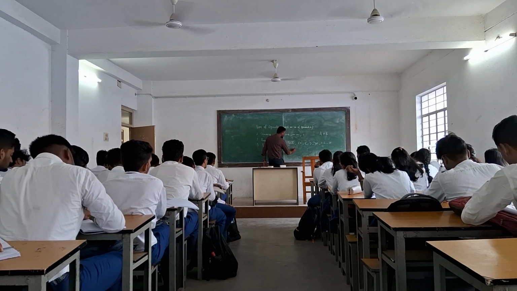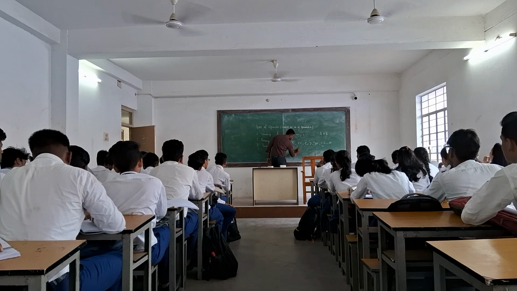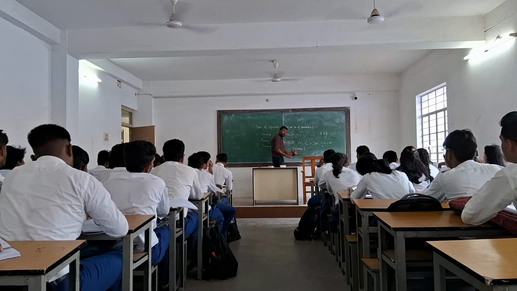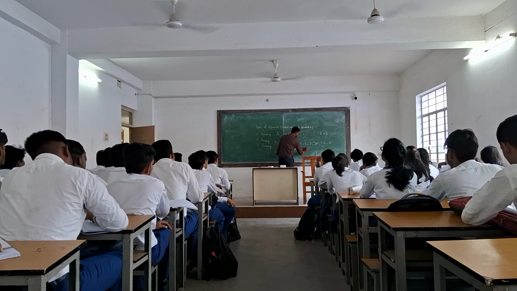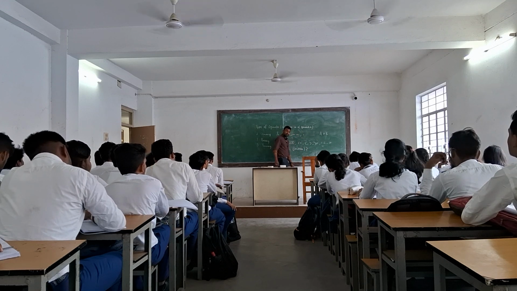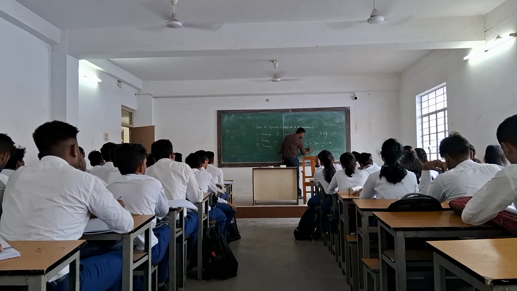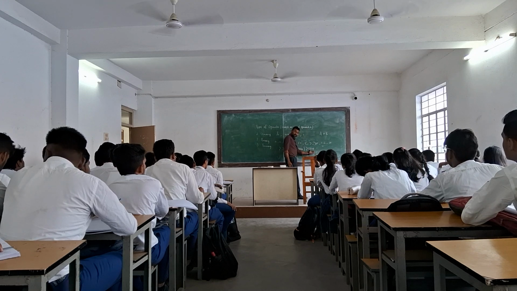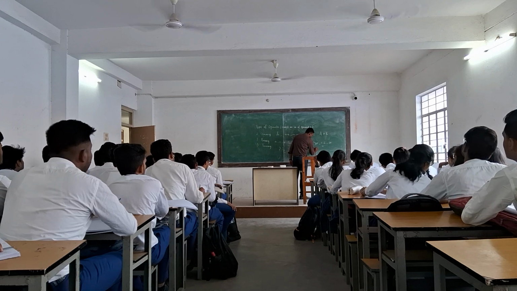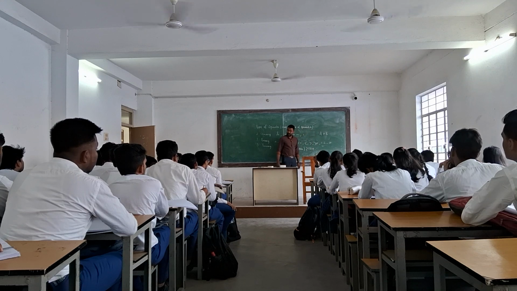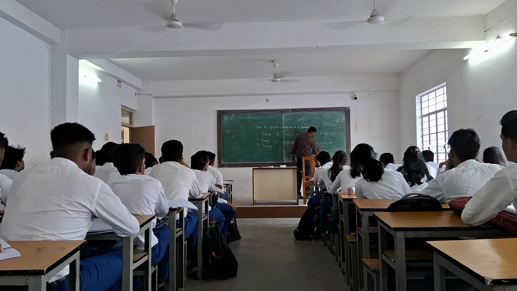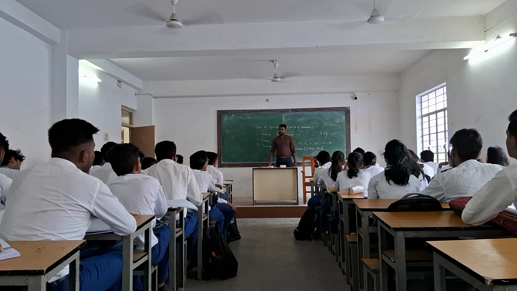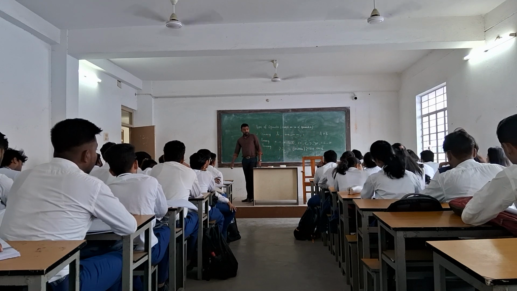What is the syntax? Condition, within brackets you can write the condition. Question mark. Next one will be true. If it is true, then you write here, colon, false. Clear?